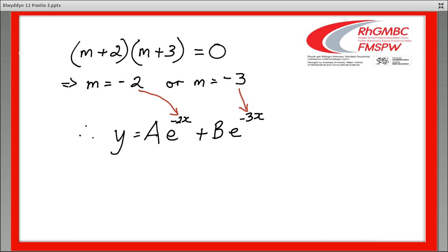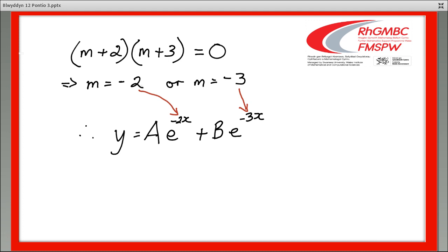Now obviously, if this was a proper full question, they would need to give you some values for x and y to enable you to work out the values of a and b. Those, if you like, are our constants of integration. So we need more information to go back and work those out. But in the first instance, that is like saying plus c when you were doing integration back in year 12 in unit 1 mathematics. So that's where we are with that one.